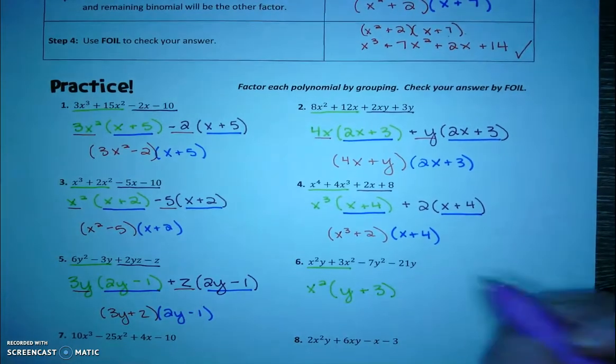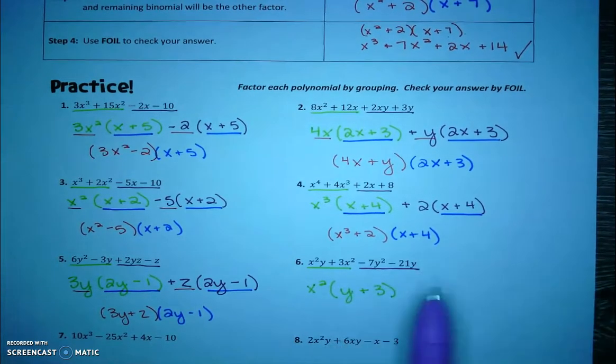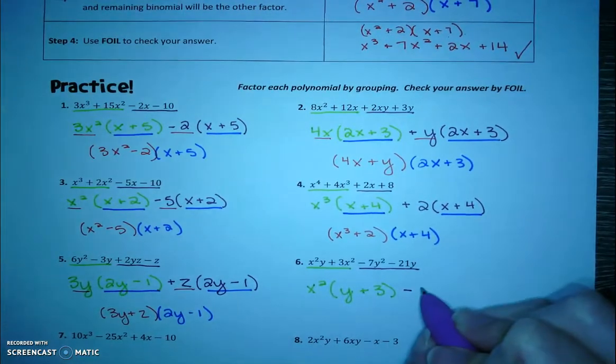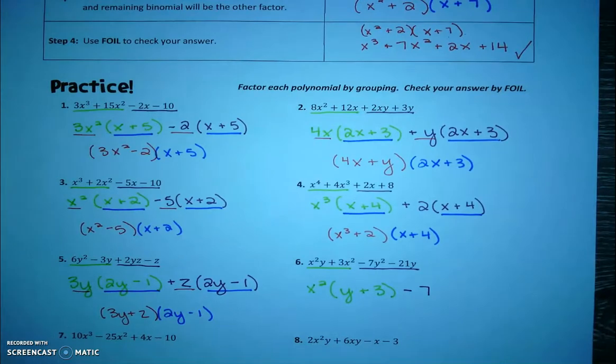When I do the second two things, again, I see that I have a minus and a minus, so that tells me I'm going to be factoring out a negative something. Between 7 and 21, I can factor out a 7. And then with my y's, I have y squared and I have a single y. The smaller of the exponents is y to the first.